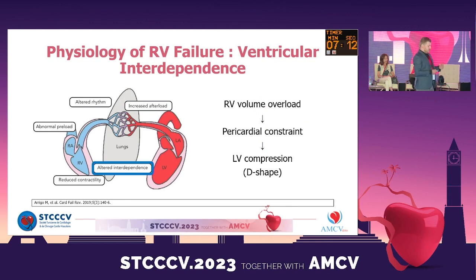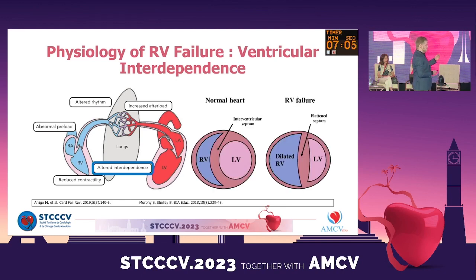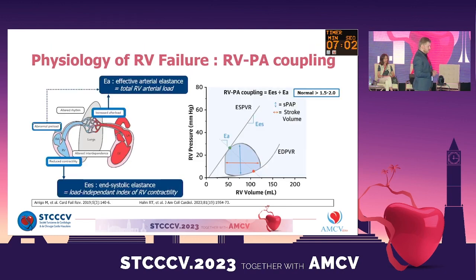There is also altered interdependence that leads to LV compression in case of RV volume overload, and you can see it on the echo with the flattened septum. Also, an important subject of study in the last years is the RV-PA coupling. That is a relationship between the end systolic elastance, an almost load independent index of RV contractility, and the total RV arterial load that is represented by two slopes.